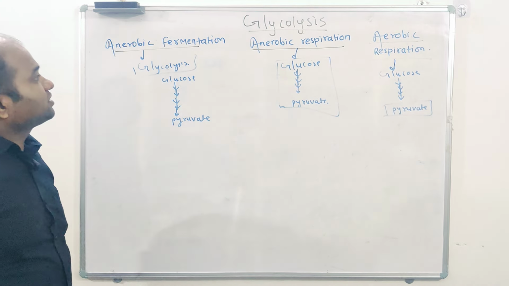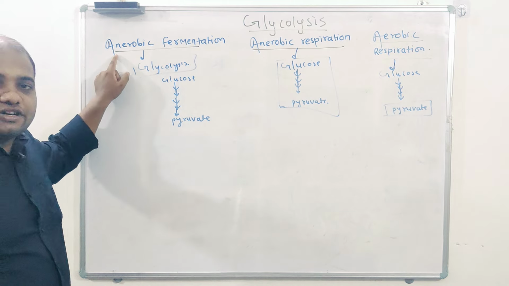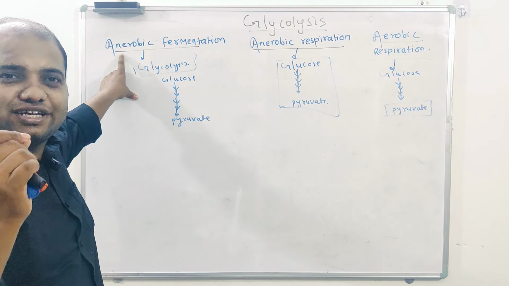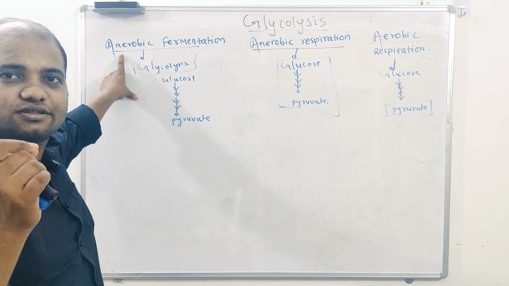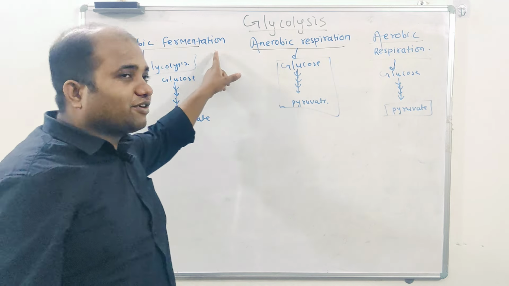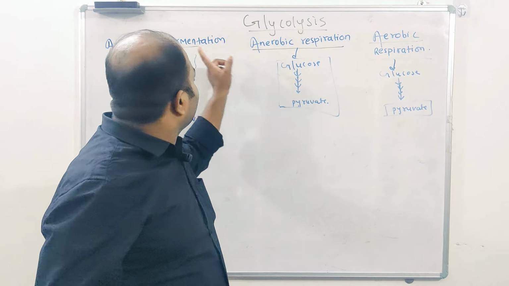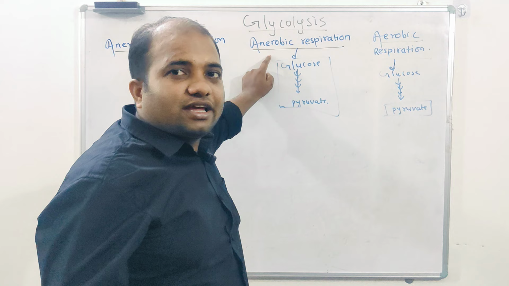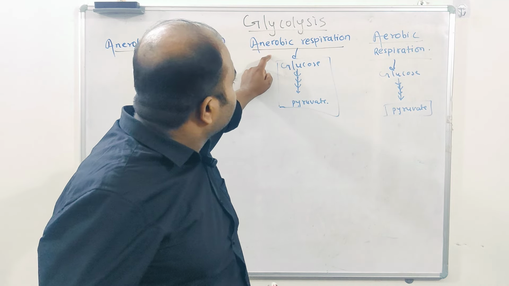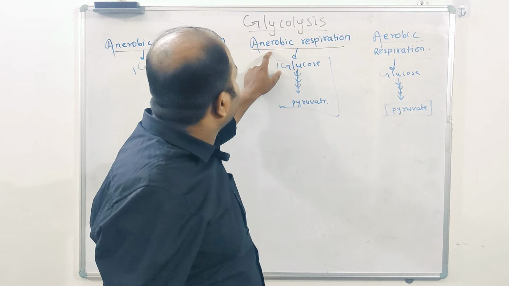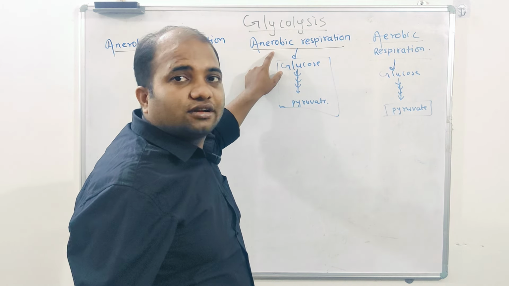So the major difference here is, first, anaerobic fermentation is the first, primitive one. When you see yeast, when fermentation occurs, the microbes and all, anaerobic fermentation occurs. More advanced or more evolved than anaerobic fermentation, when you have a lack of oxygen or lack of mitochondria, then you will have anaerobic respiration.